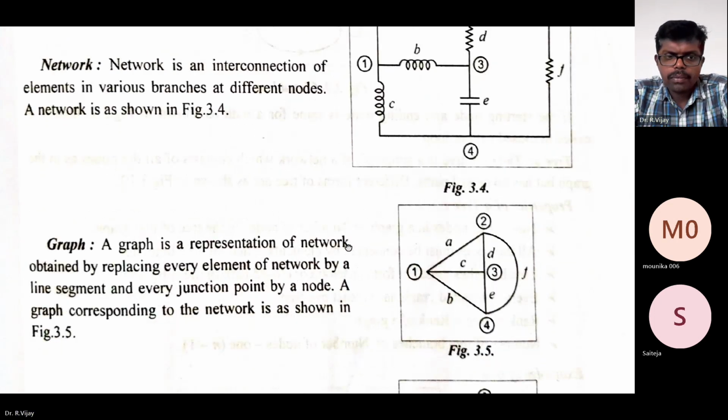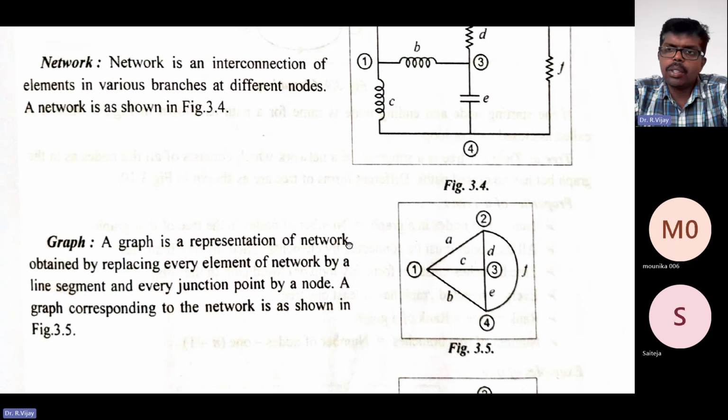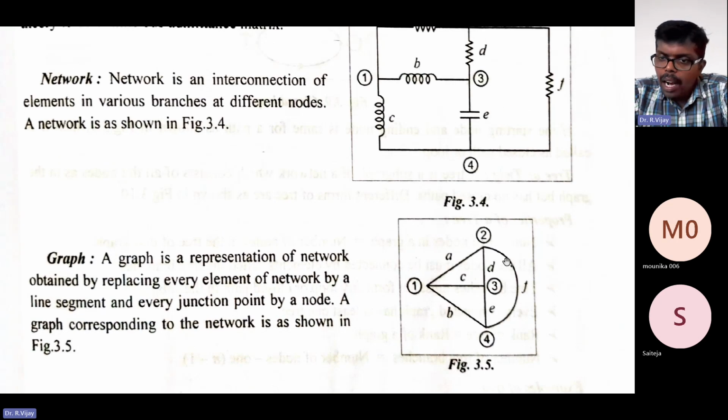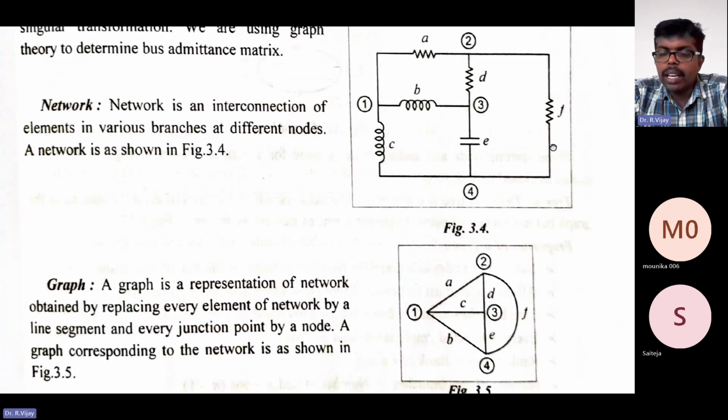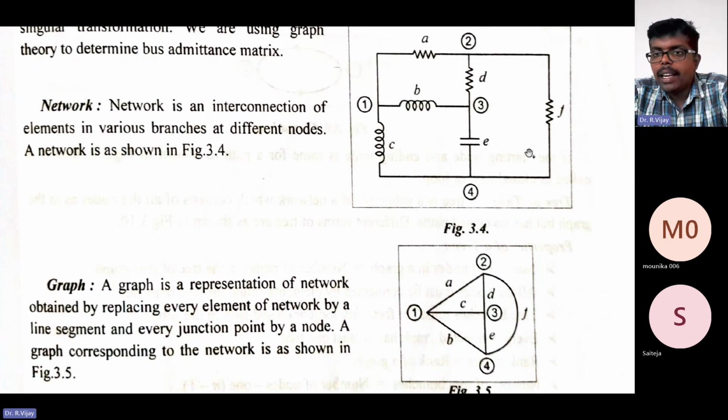You can also draw a curved line. For a better understanding, you can draw any kind of line. But if you draw a line like this, it will again become a node. That's why we go like this, connecting with a circular arc, like a parabola.